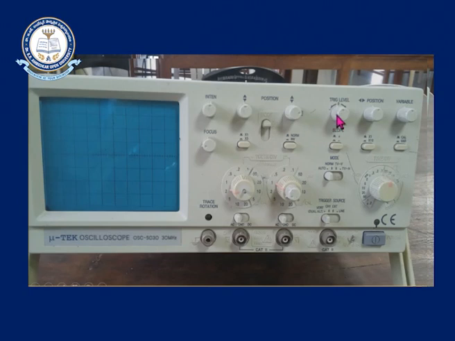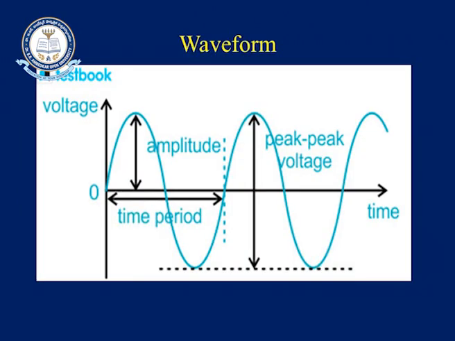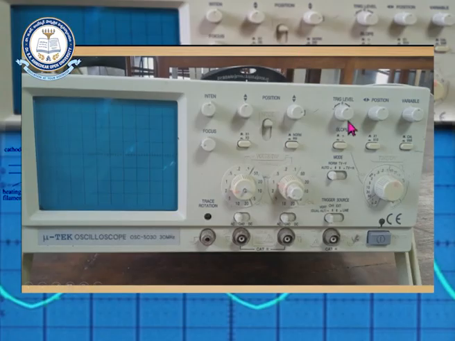Trig level: for example, when this wave is blinking, you change this trig level button so that it exactly coincides with the zero. Okay. So for example, the position is here; you change it to the left side or right side and the wave moves this way.